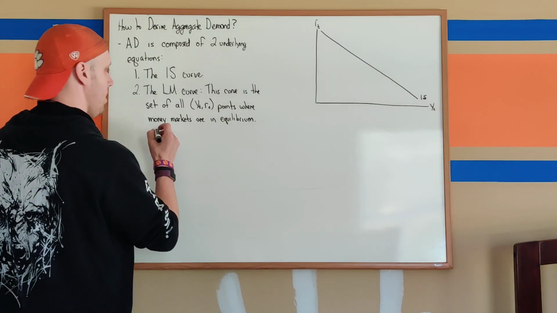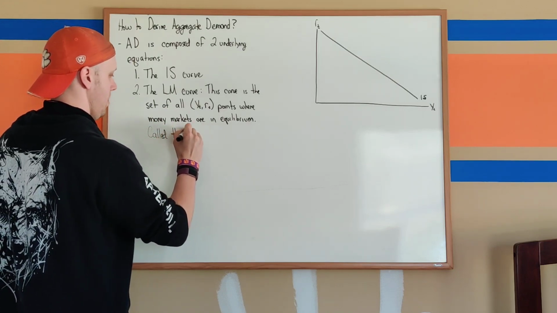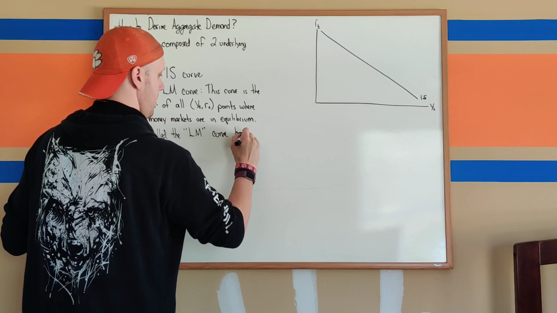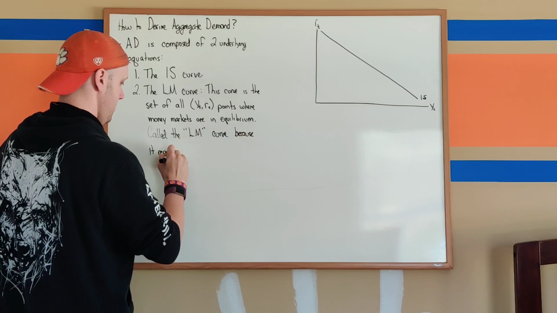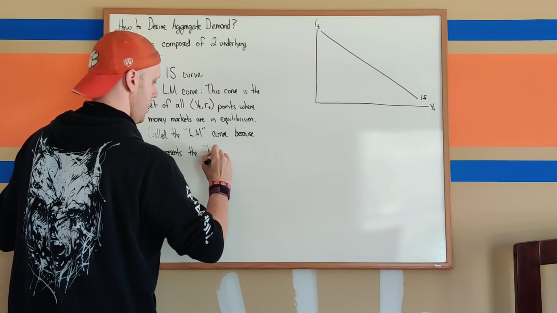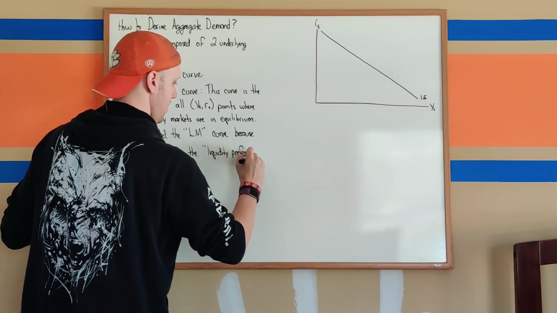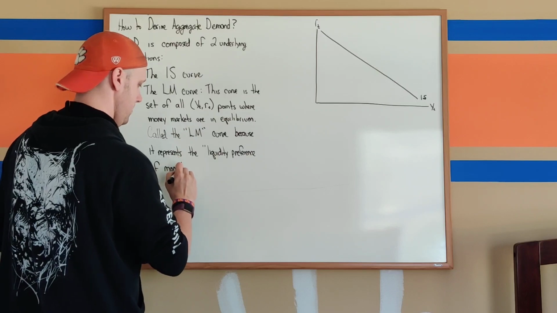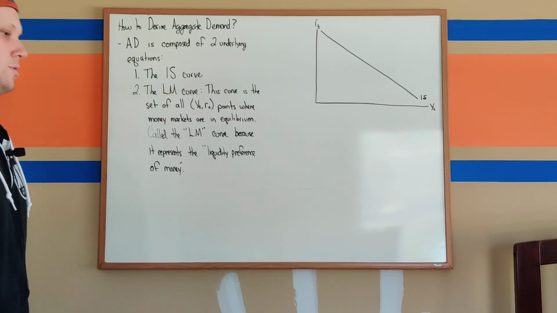Now, it's called the LM curve, because it represents the liquidity preference of money, and it's upward sloping in output and interest rate space.